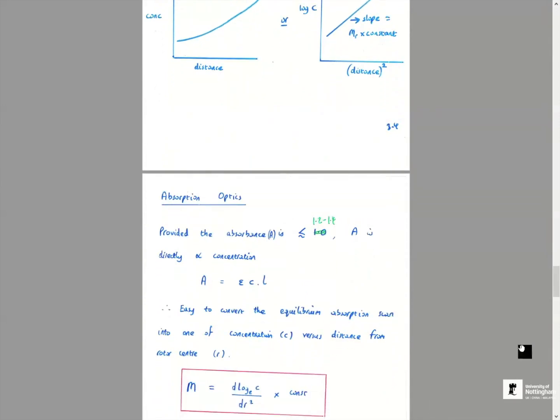Providing the absorbance is less than, well, I said 1.0 there, and that was a little bit pessimistic. In the lectures on spectrophotometry, I said the limit for the Lambert-Beer law absorbance was about 1.4.